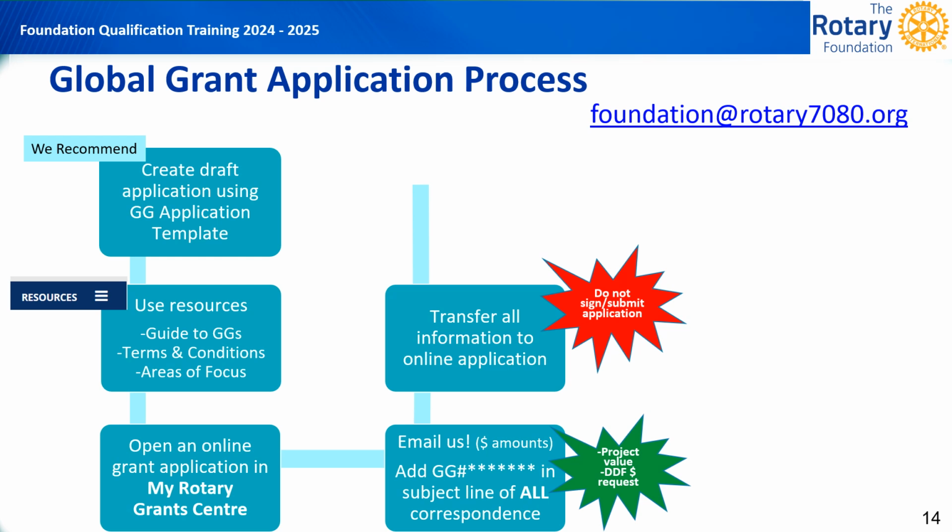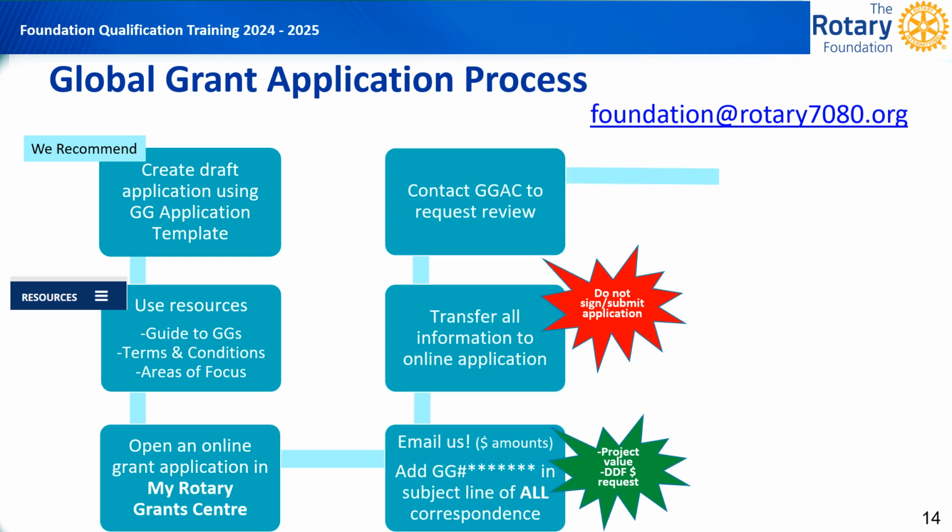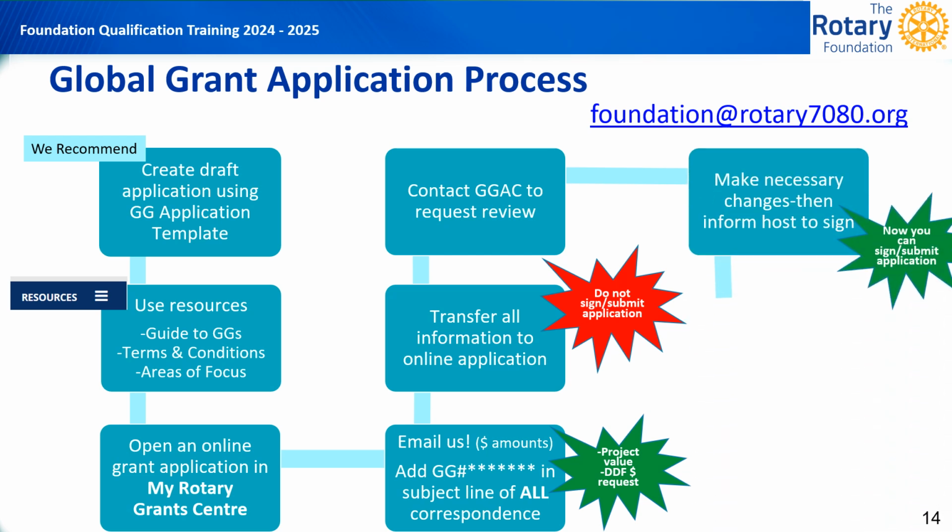To request an application review, send an email with the Global Grant number in the subject line to foundation@rotary7080.org and make sure you identify your club's name in the email. Once you receive the review feedback, share it with the host club to make necessary changes, and once complete, you can continue to obtain all electronic authorization signatures.